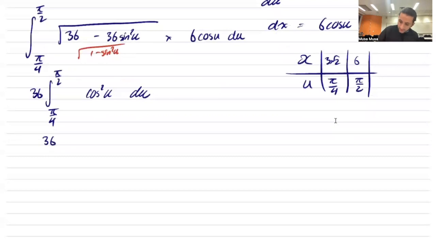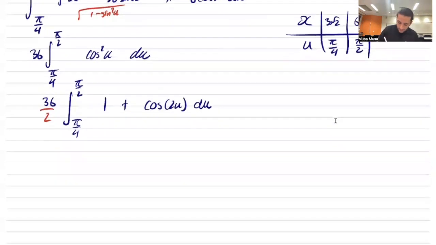And then we have to go and use our replacement for cos squared. The replacement is cos squared u is going to equal a half of 1 plus cos 2u. So it's going to be a half of pi on 4 to pi on 2, 1 plus cos 2u. This is going to be 18u plus a half of sine, whoopsie, 2u.